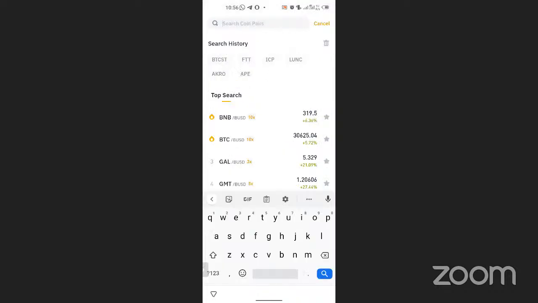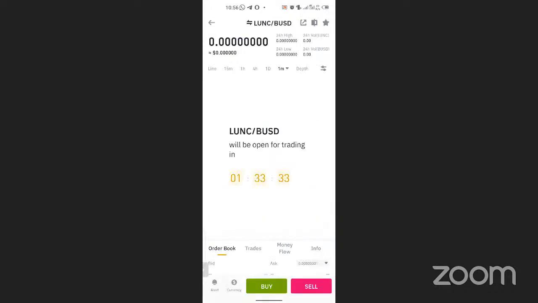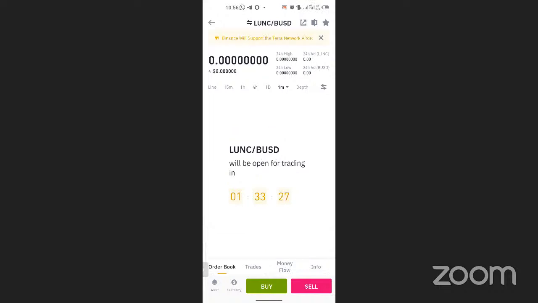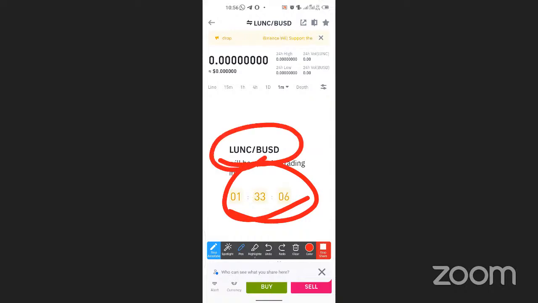Binance will be opening a trading pair, Luna C stroke BUSD, within 1 hour and the next 33 minutes. I don't have any financial advice that you go and trade this pair. But for those that lost, I think Binance is trying to convert all your previous tokens into Luna C, and it's up to you, ladies and gentlemen, to go in for this. I don't personally advise you, but it's up to you.